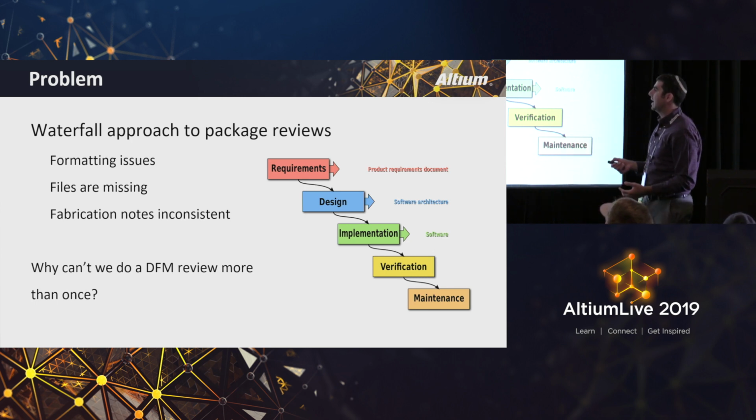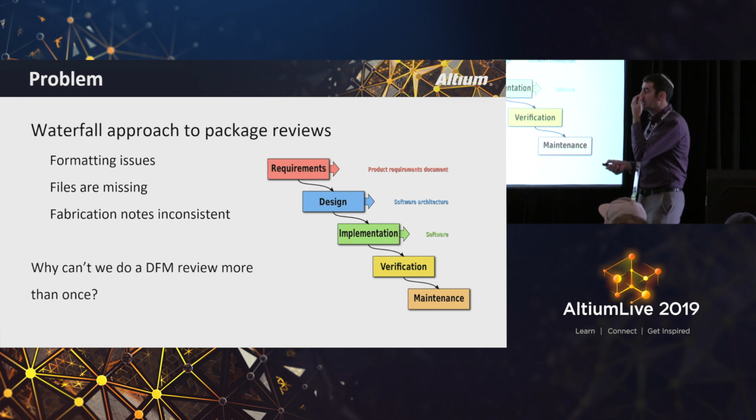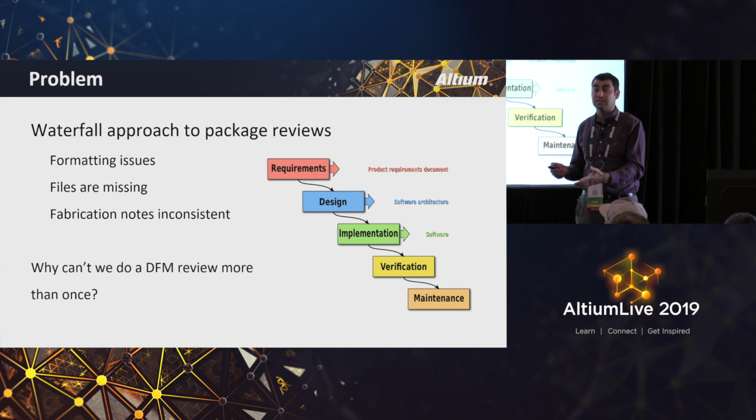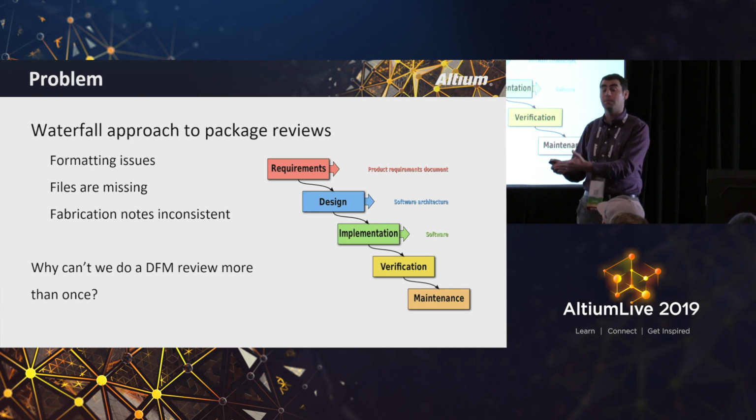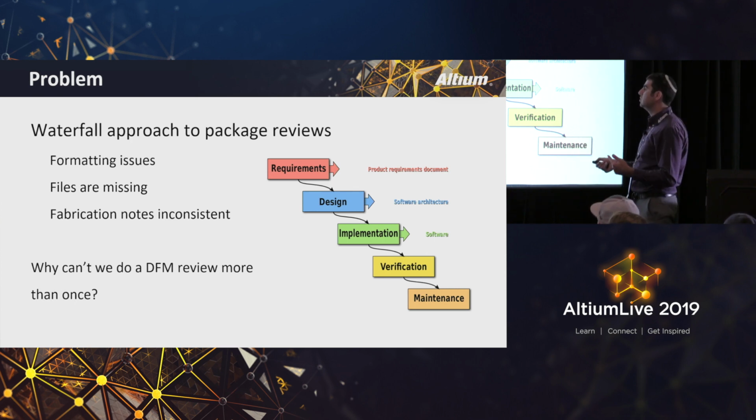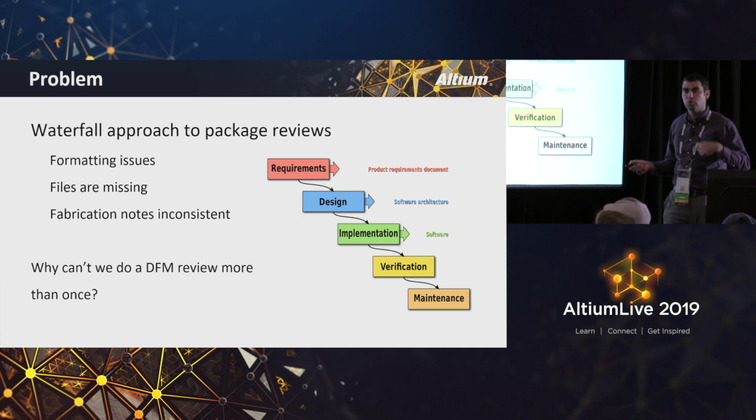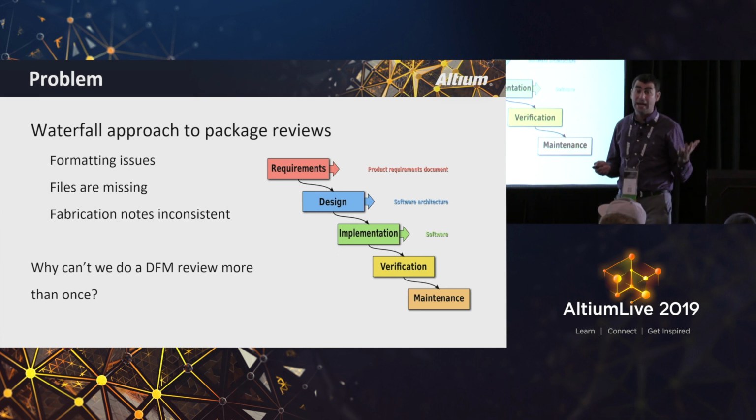And so that can cause formatting issues, files missing in your packages, fabrication notes messed up, things like that at the very end that delay sometimes weeks or possibly even more than a month before you actually go to fab the board, especially if it's really complicated. So why can't we do a DFM review more than once? Why does it have to be the waterfall method? Why can't it be something a little bit more agile?